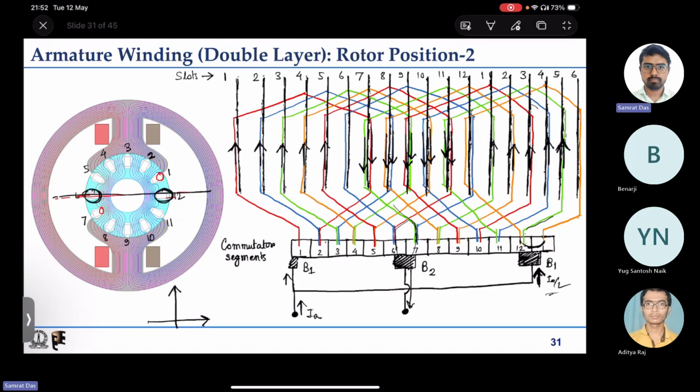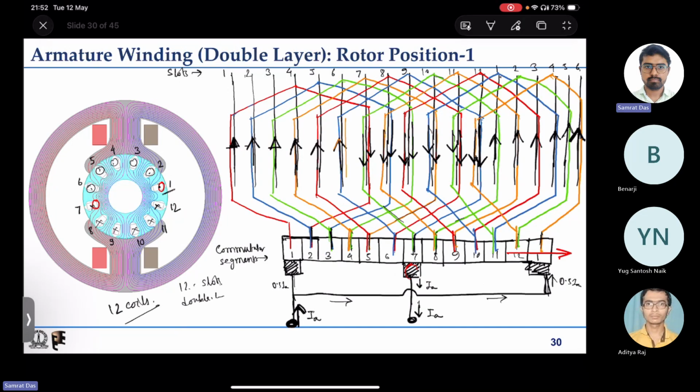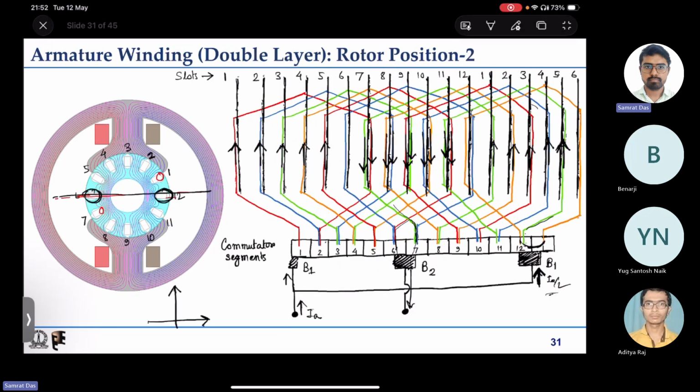Earlier, at this rotor position, the coils at slot 12 were carrying current in the downward direction. Now they are not carrying any current.